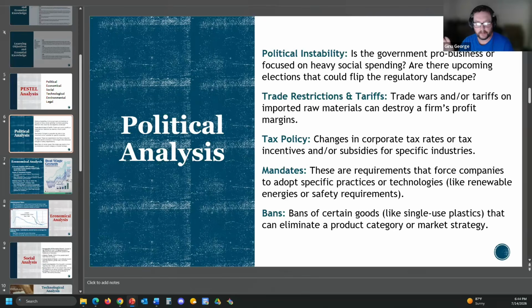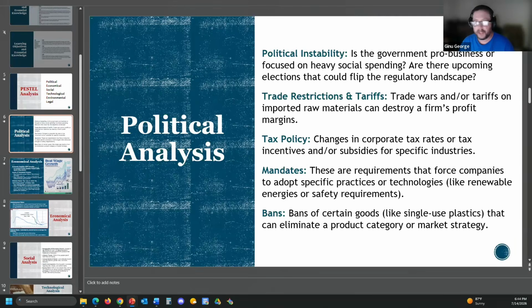When you live in more capitalist friendly countries, you see lower taxes in general, not always. But in the United States, businesses pay a lot less tax than they do in a place like Denmark. So tax policy does influence what you can and can't do as a business in some cases.